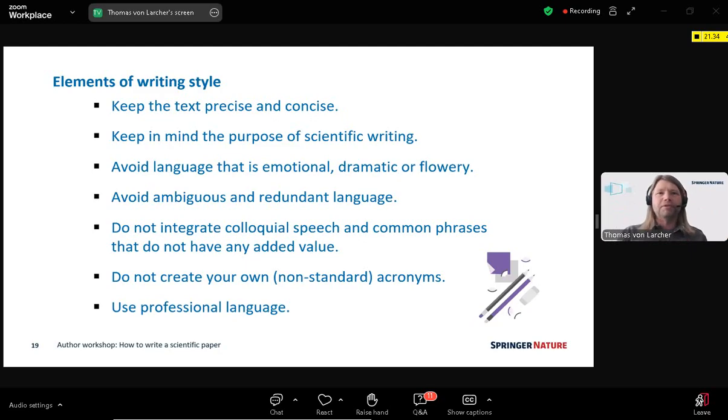Keep in mind the purpose of scientific writing. Avoid language that is emotional or flowery. Avoid redundant language. And as I said, do not integrate common phrases that do not have any added value, right? Take the reader's perspective. Do not create your own acronyms, and please use professional language, right?